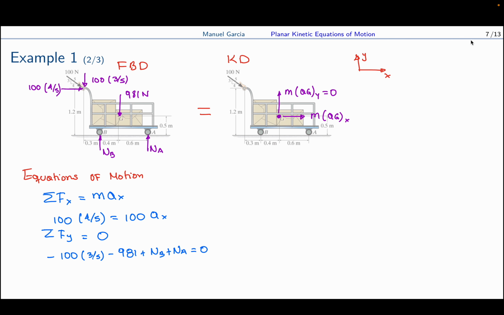So far we have three unknowns and two equations.